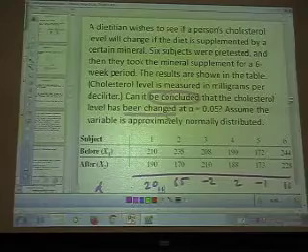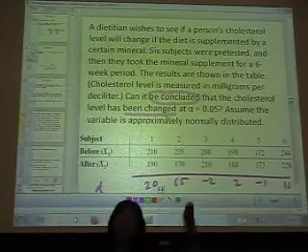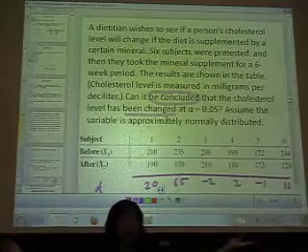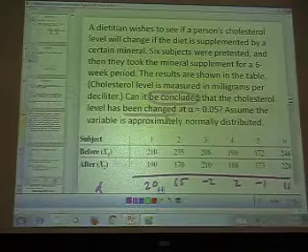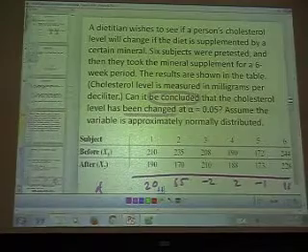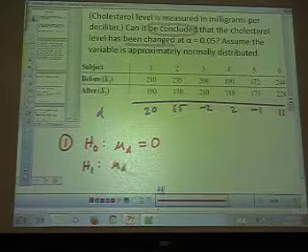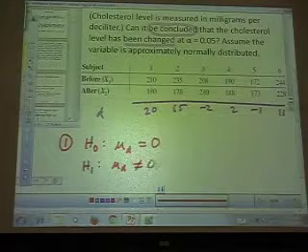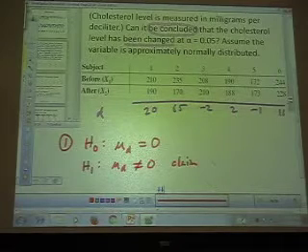Not equal. If you change something, you can make it smaller or larger, so not equal to. Does that make sense? So your claim is that mu d is not equal to 0. That's your claim. It's different. It's changed somehow. So you're going to use the word support.